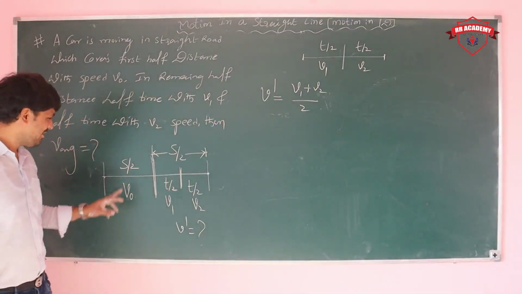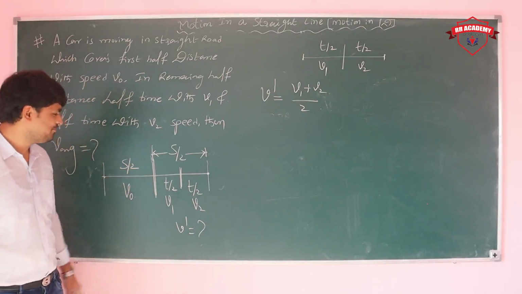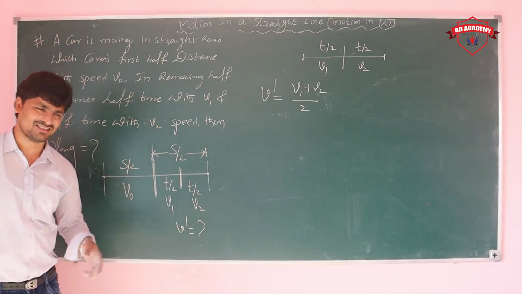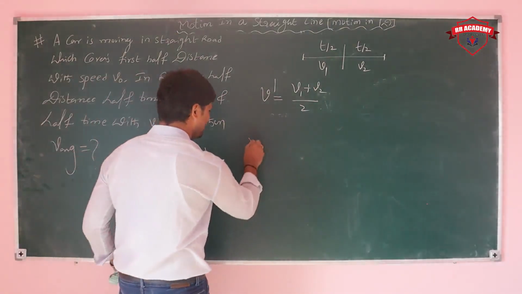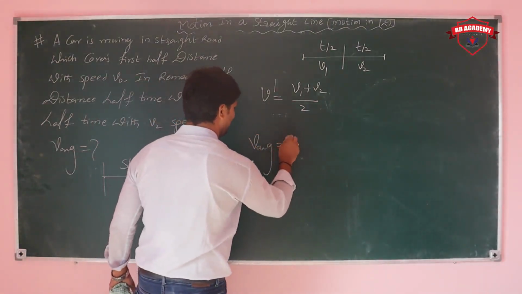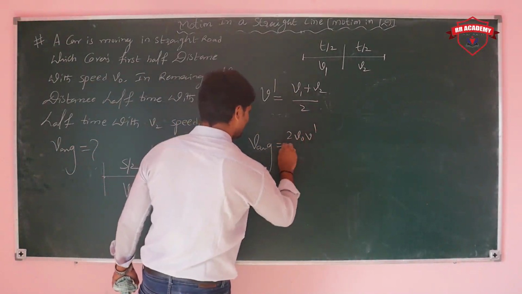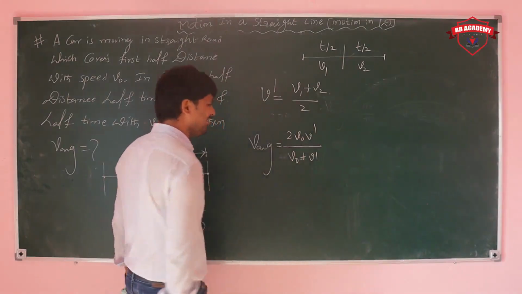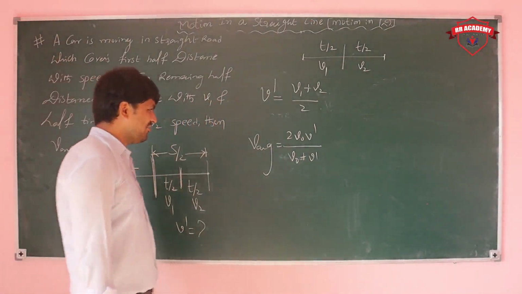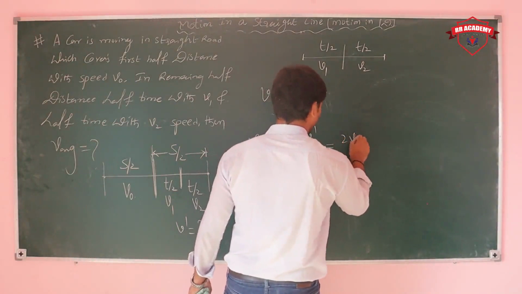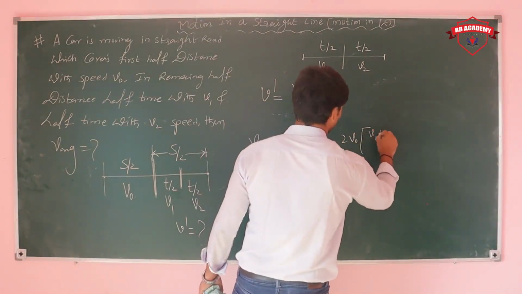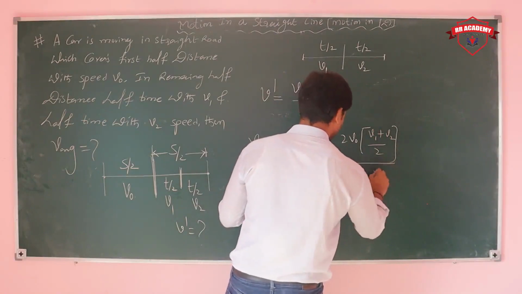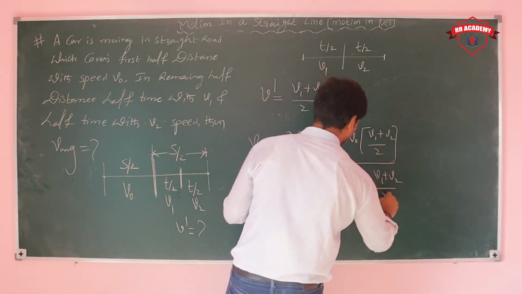Here, the first half distance is at speed v0, the next half distance at speed v dash. So the average speed is equal to 2v0 v dash upon v0 plus v dash. Put the value of v dash in this expression: 2v0 into (v1 plus v2 by 2), divided by v0 plus (v1 plus v2 by 2).